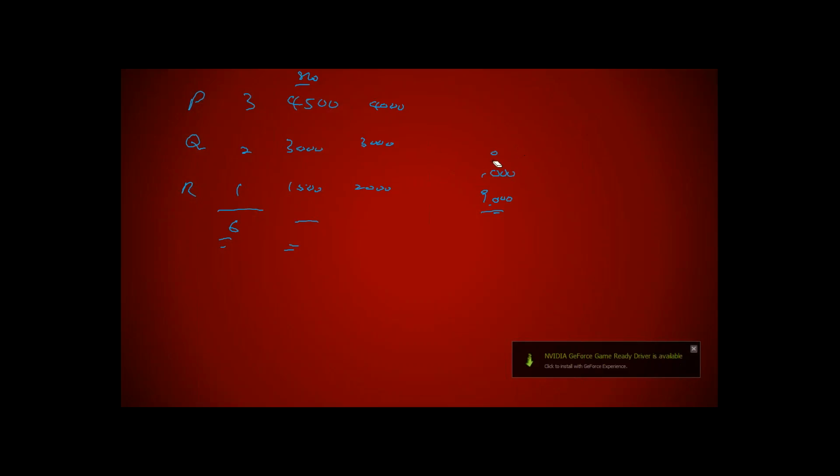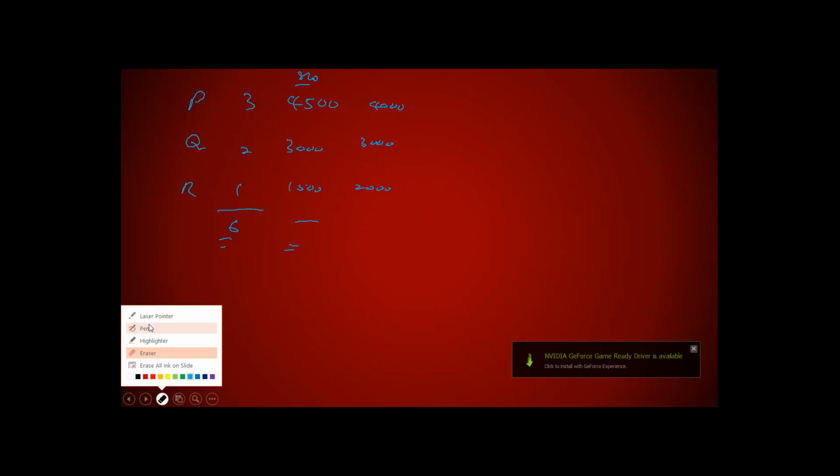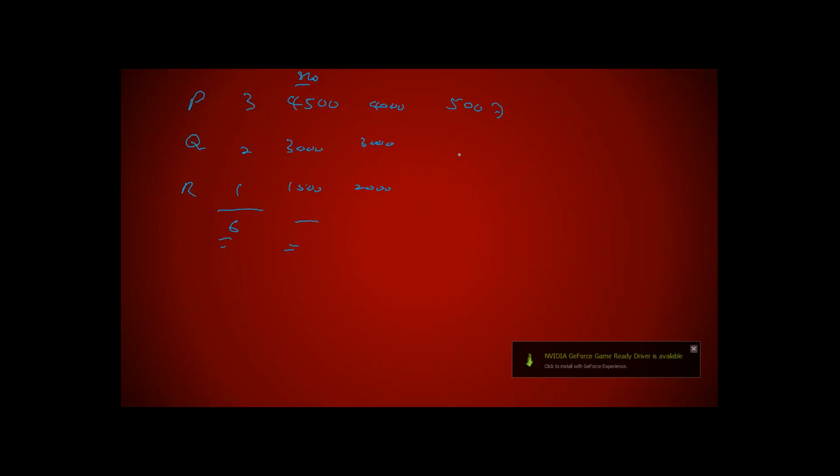We used 4,000. Good or bad? Favorable, 500. Then Q, it's equal. There is no variance. R is adverse, 500. That's correct.